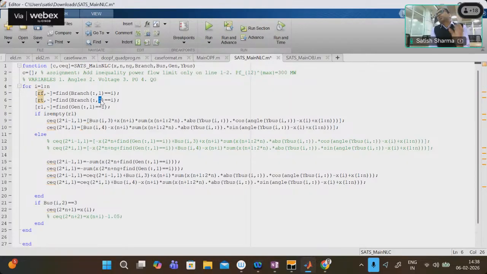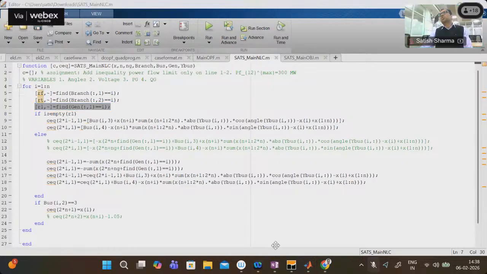In the second column, we check whether the ith node is present or not. So this RF and RT will give me the connections, how many connections are available for node I. Then the third is to find the number of generators and their locations. So R1 will give you the location of those generators.